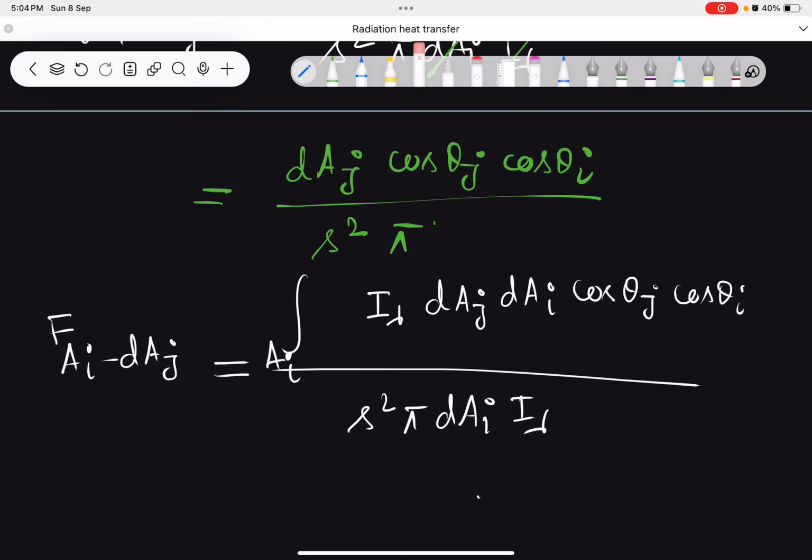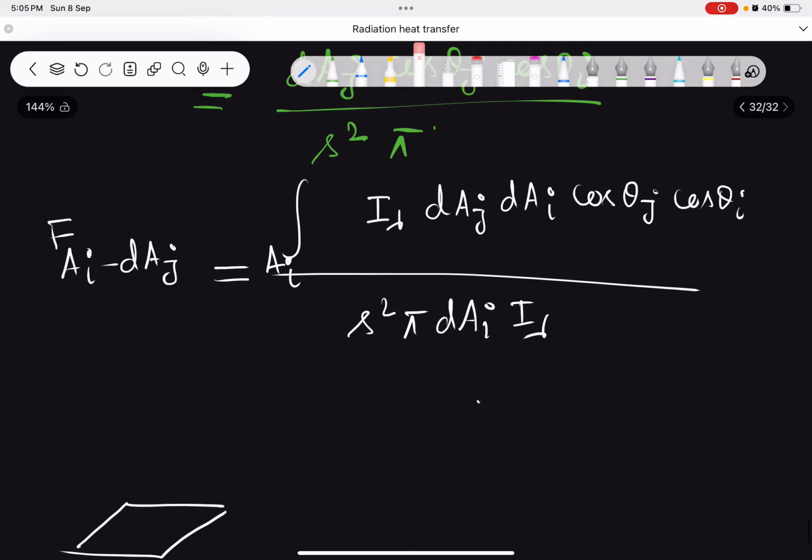That is your homework. And finally you have to write F of Ai to Aj. Clear? So these concepts are very important. I have also told you that I will solve the other question in that question paper. Okay, let me write this thing.